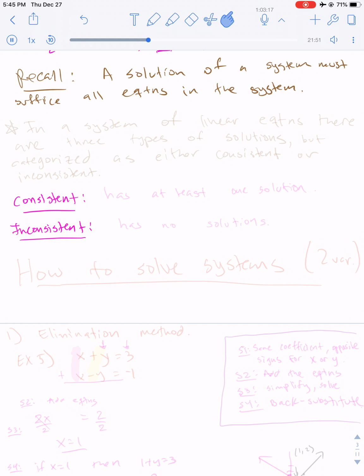And now, in the case of two variables, not only in two variables, in multiple variables.